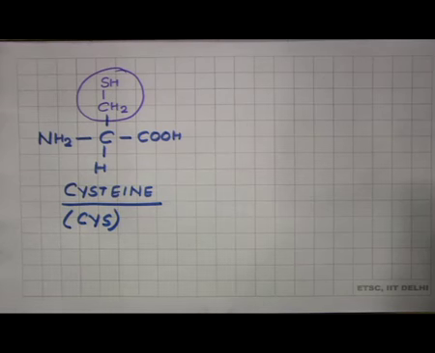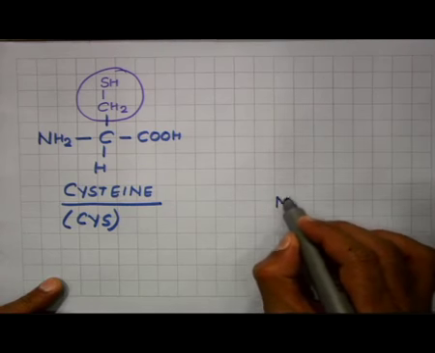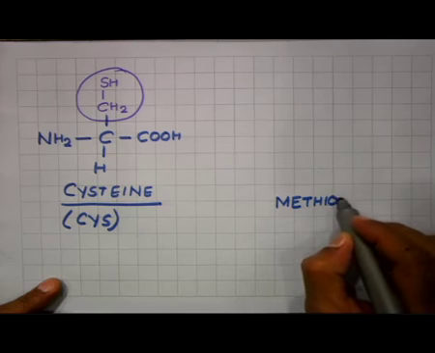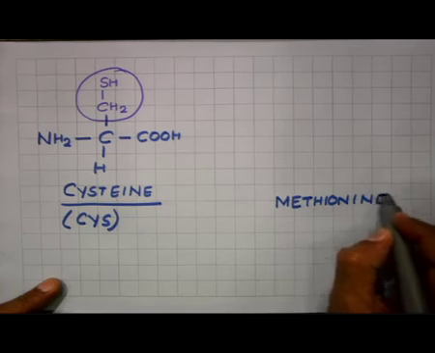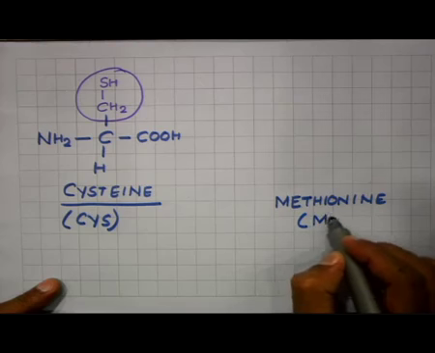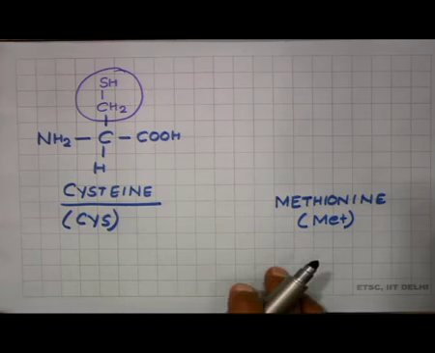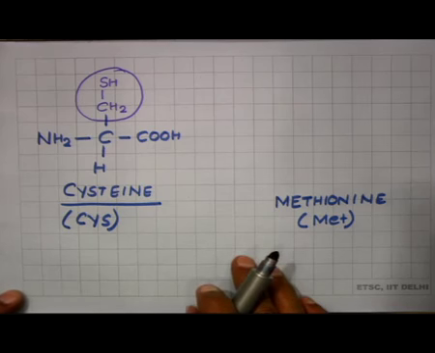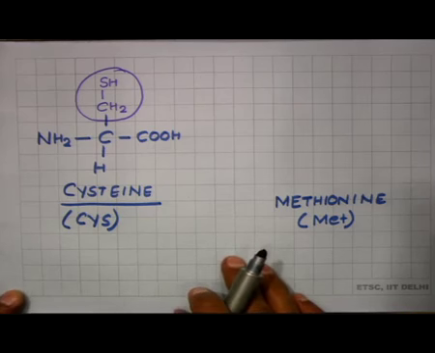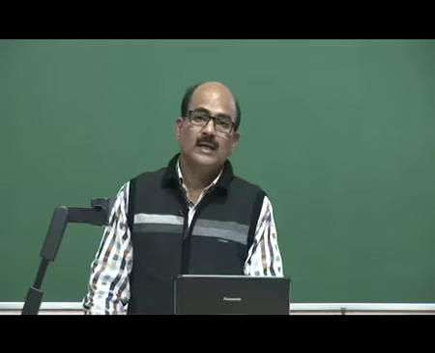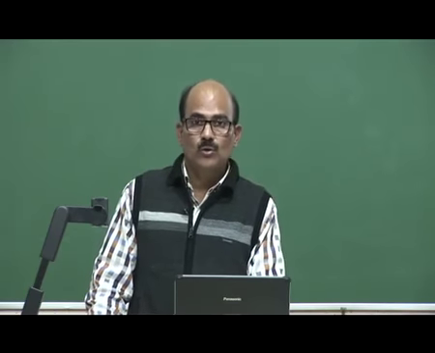Now, another type of sulfur containing amino acid is methionine. That abbreviation is MET, methionine. Methionine is known as the starting signal of protein synthesis. When translation is going to start, methionine acts as an initiator codon.